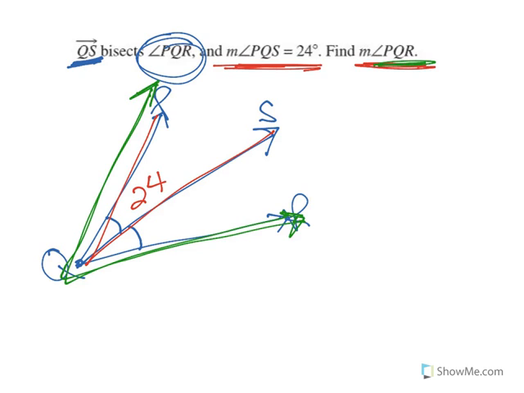So there's a couple things going on here. We know it bisects, and we know that this is congruent to this. So that means that if this angle is 24, then this angle is 24, okay? But it wants to know the whole thing, so we have to now use that angle addition postulate and say, well, part plus part equals whole, so 24 plus 24 equals 48.